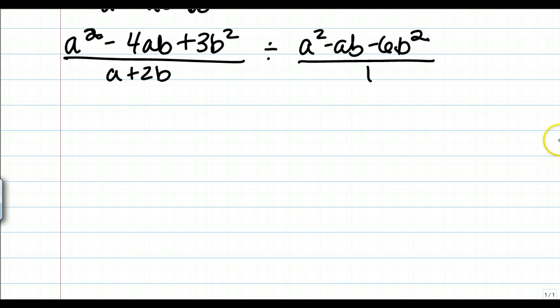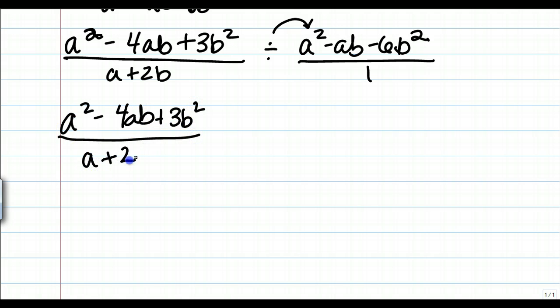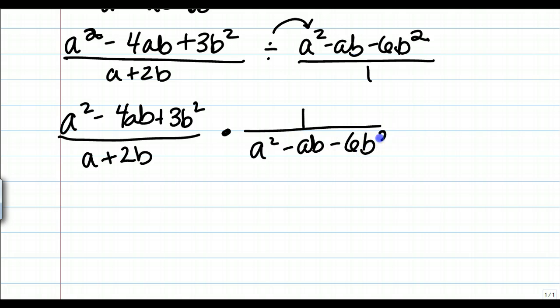Now, whenever you have something like this, remember you have to take the reciprocal and multiply. So this is really just a squared minus 4ab plus 3b squared over a plus 2b times 1 over a squared minus ab minus 6b squared.